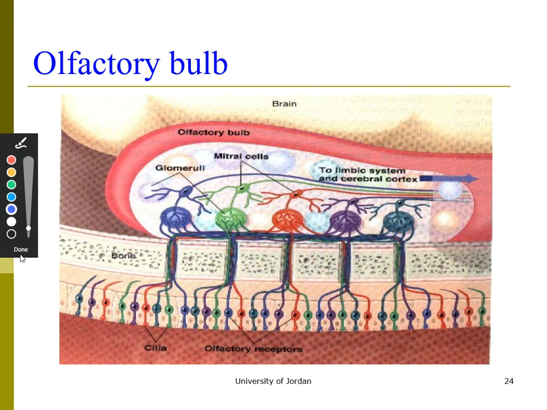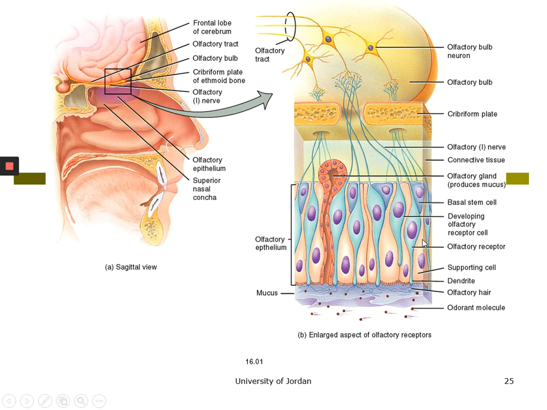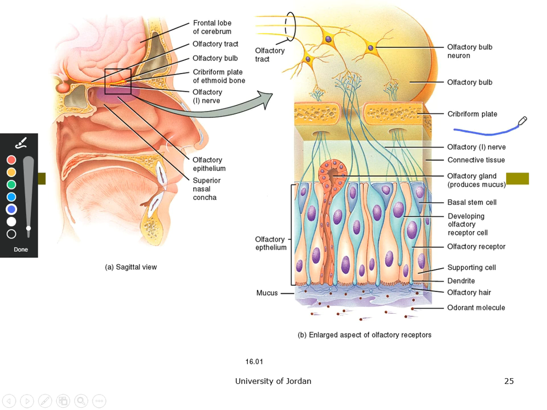Okay. Let's go here also. See the same thing here. This is the mucus. These are the receptors, bipolar neurons, entering through the cribriform plate, which is part of the ethmoid bone, and going inside the brain, forming the olfactory bulb.